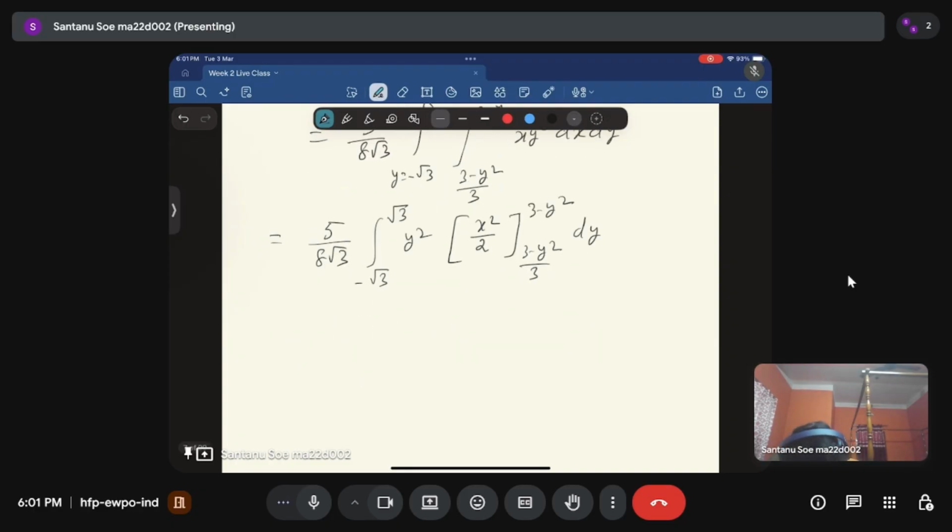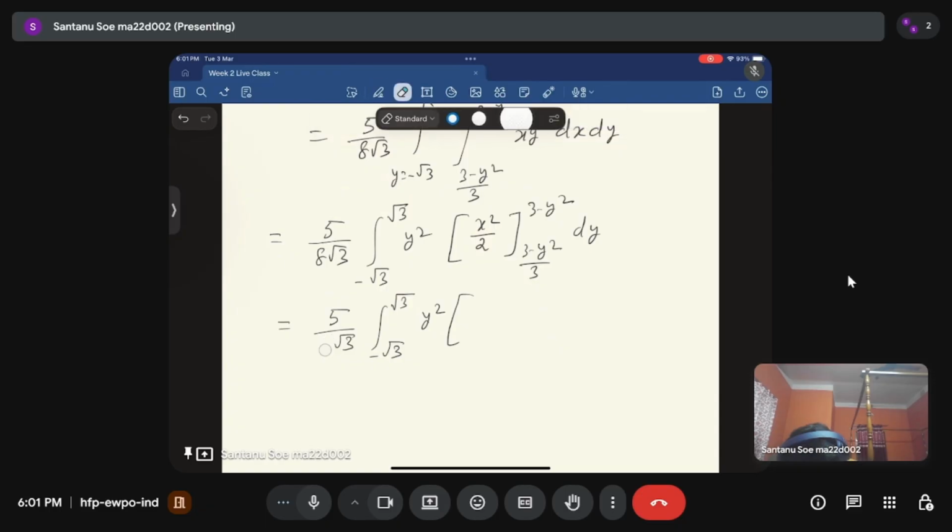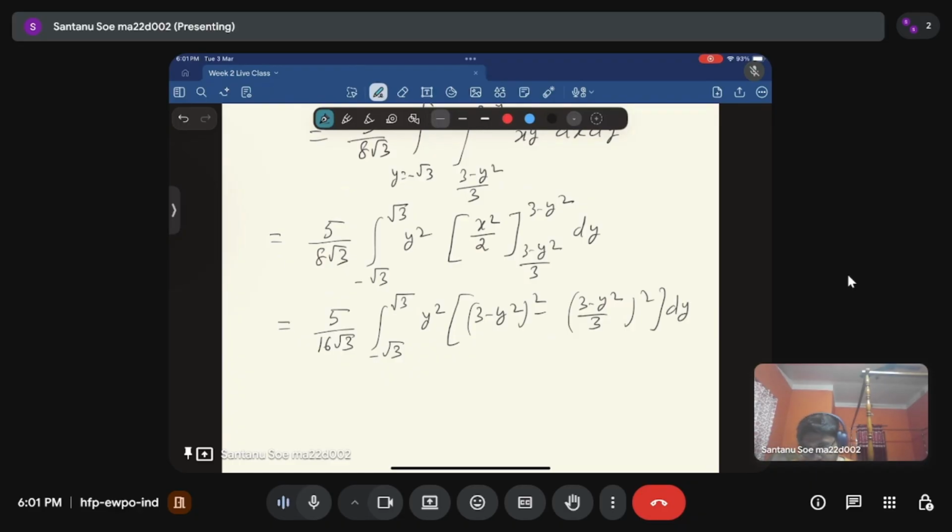Okay, so this is 5 divided by 8 root 3, from minus root 3 to root 3, y square times, so 2 will go outside, so this is going to be 16, and then (3 minus y square) whole square minus ((3 minus y square) by 3) whole square, dy.